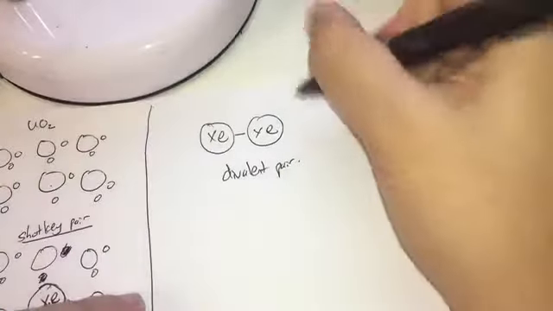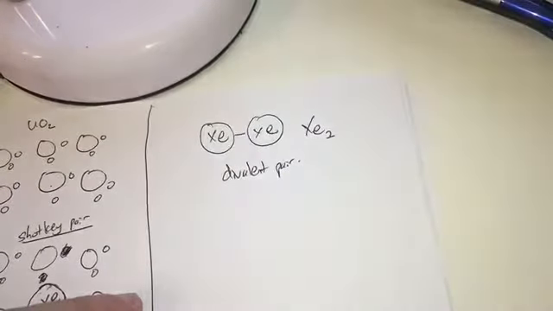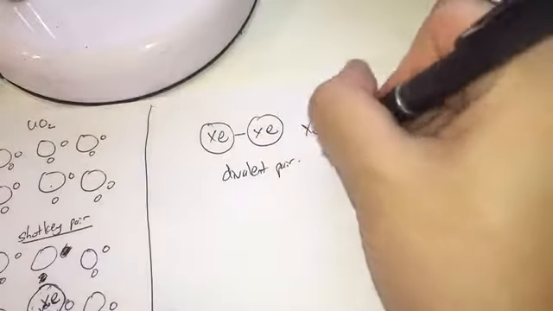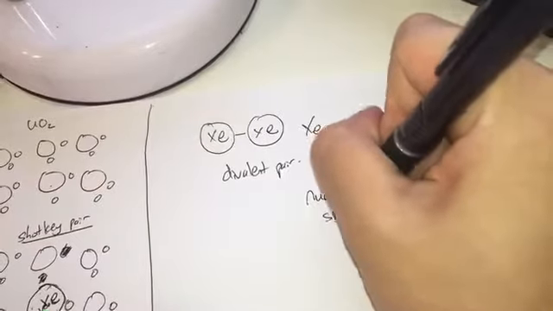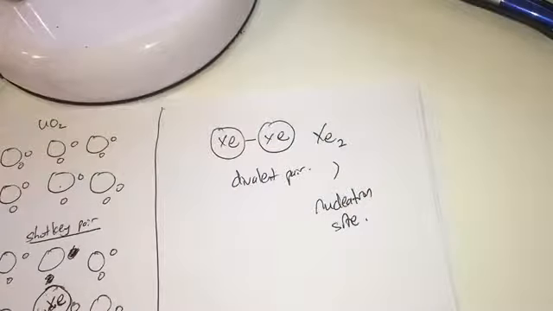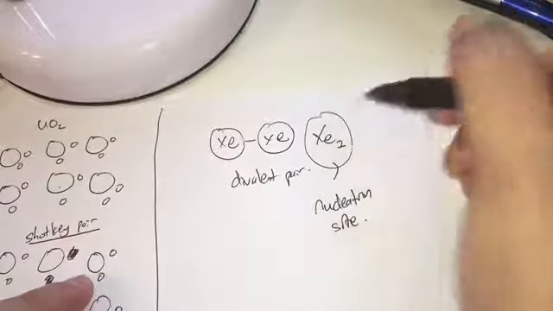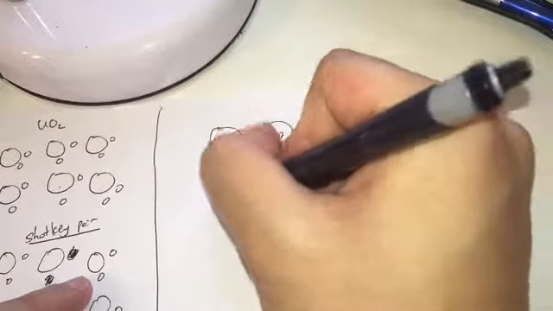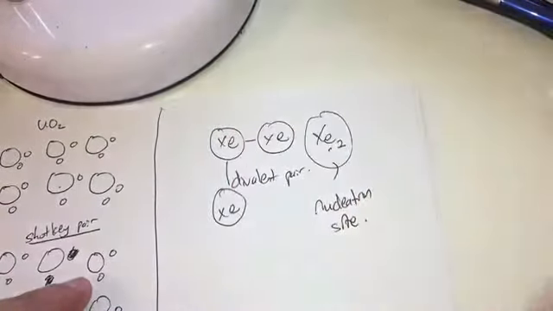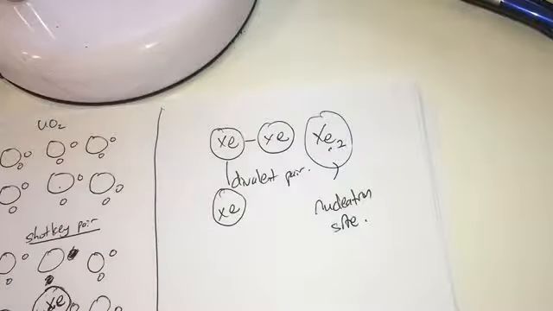Now this Xe2 can form a nucleation site. So this is a nucleation site for a xenon bubble to grow. So once this Xe2 is formed, when other xenon come in contact with it, they will start to join up more and more.